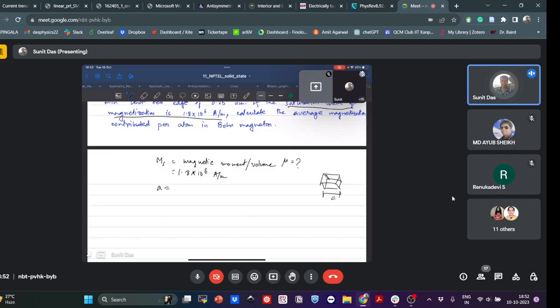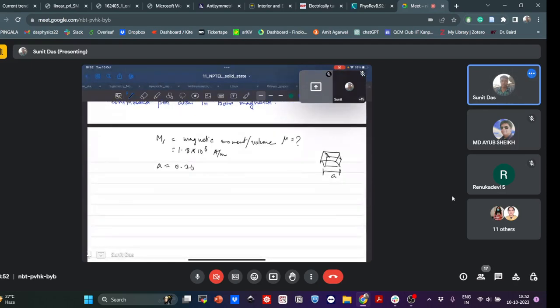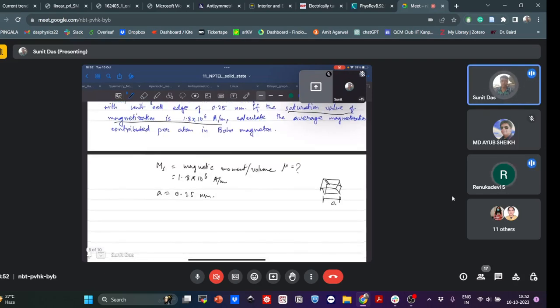So this a is 0.25 nanometer. And this is 304, sir, the answer, in units of Bohr magneton. Not really. Okay, so let me solve it actually.